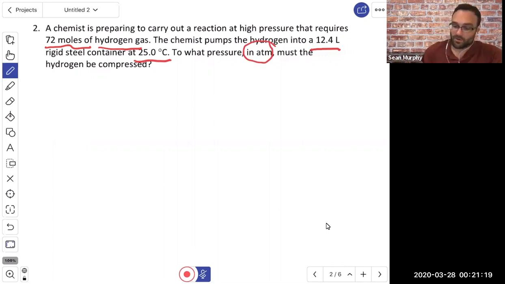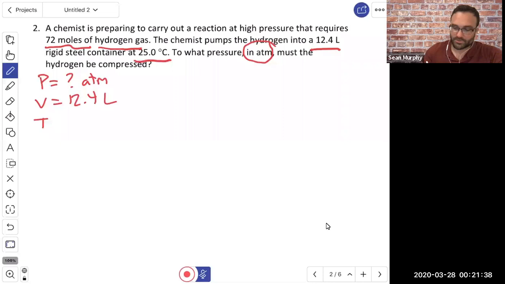So we know that we're looking for pressure, question mark, in atmospheres. Do we have anything else? We have some other stuff here. So our volume is 12.4 liters.